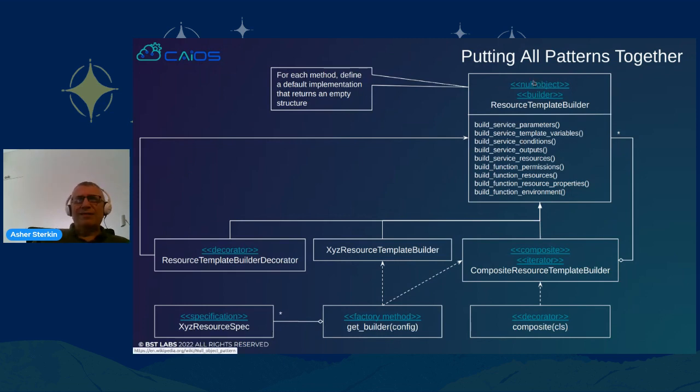But I also applied the null object pattern, which actually says provide default implementation of these methods, returning nothing. Because every individual resource per template builder will need to implement only some subset of these methods, and you don't want to repeat them. Then we have composite design pattern and iterator together.